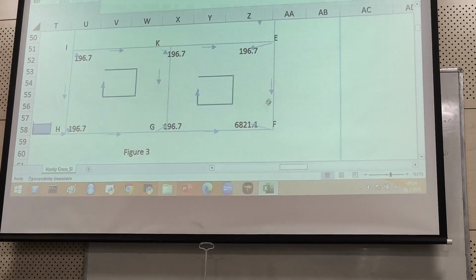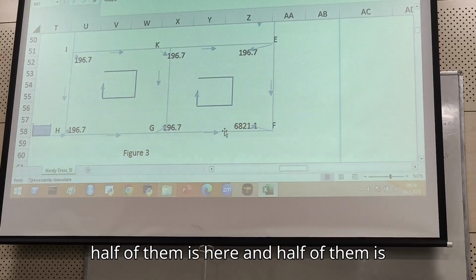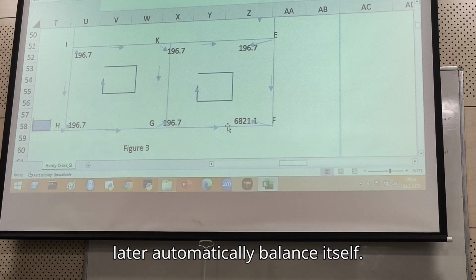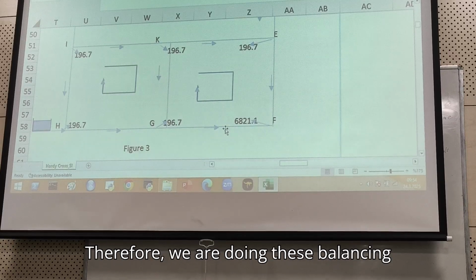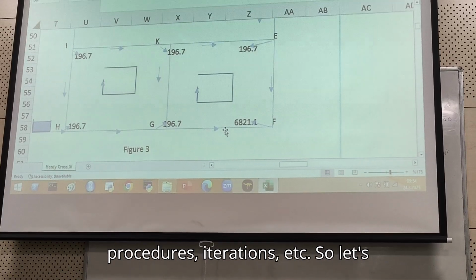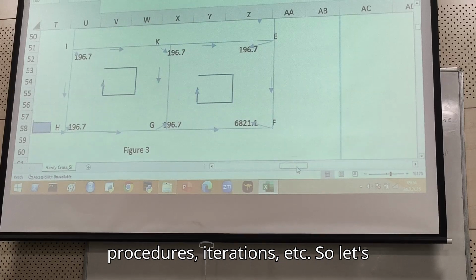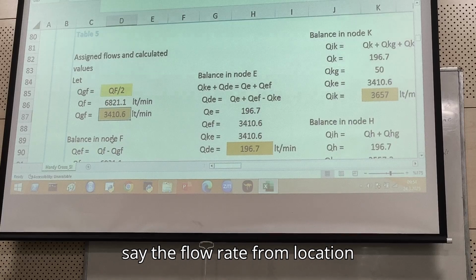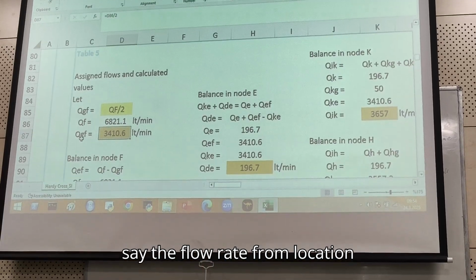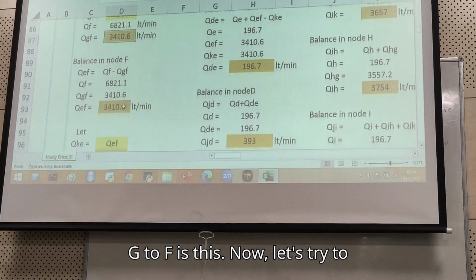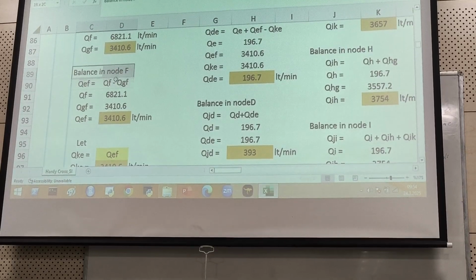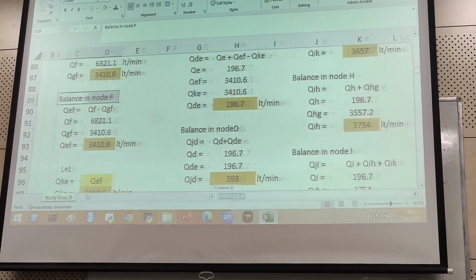But we assume half of it is here and half of it is here. These initial assumptions will later automatically balance themselves. Therefore, we are doing these balancing procedures, iterations, etc. So let's go back once again. We now say the flow rate from location G to F is this. Now let's try to do some balance at node F. Okay? Let's go to node F.